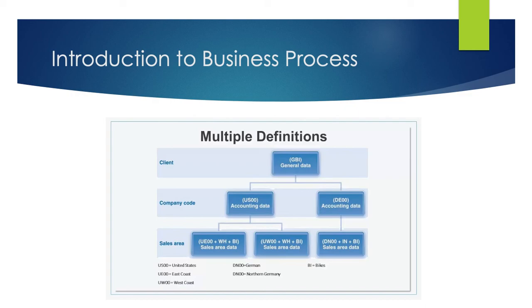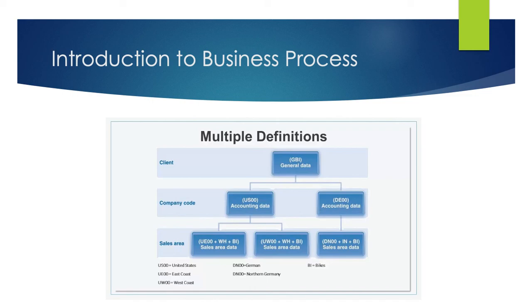Next, we take a look at multiple definition in the layers. At the topmost, we have the general data for the client. We have all the information that you require being kept there. And on company level, we have separate account.